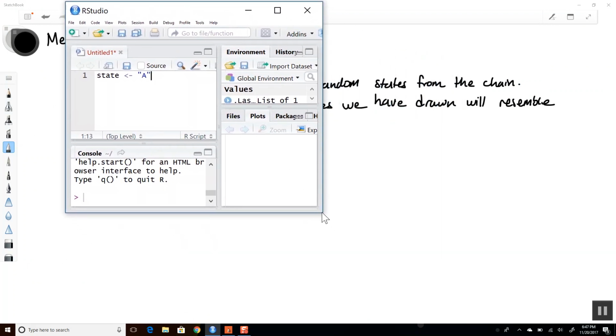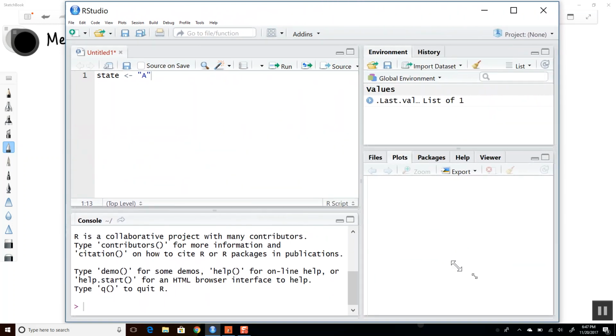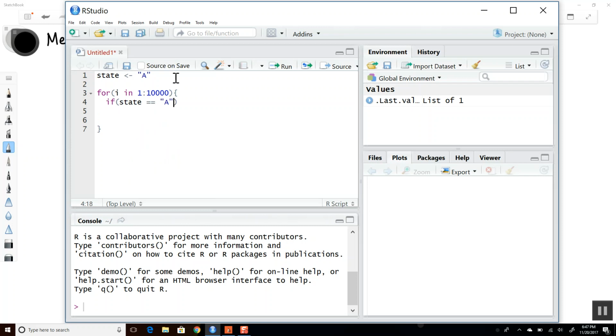Okay, so we'll just say our current state is A. Then we'll run a loop, for i in 1 through 10,000 or something. We'll say if state is equal to A, then we'll draw a random number, unif.